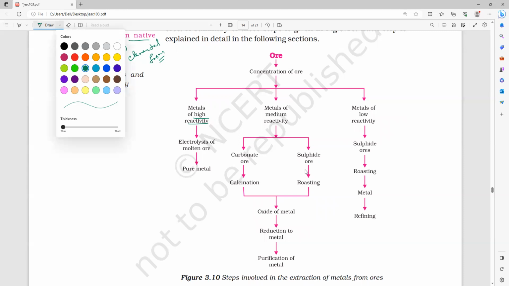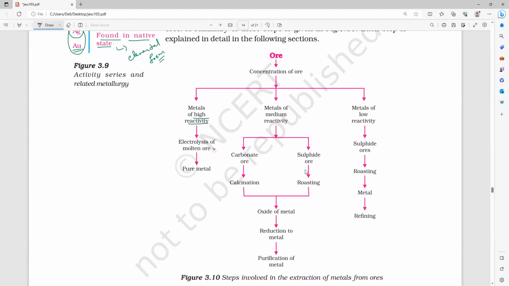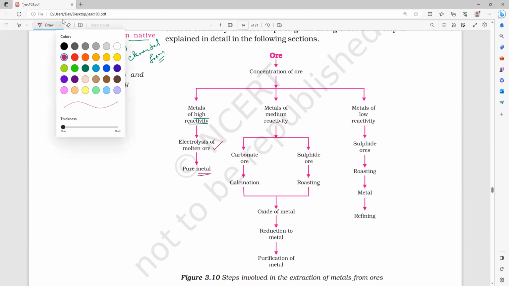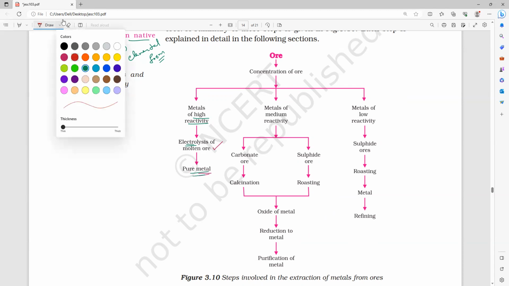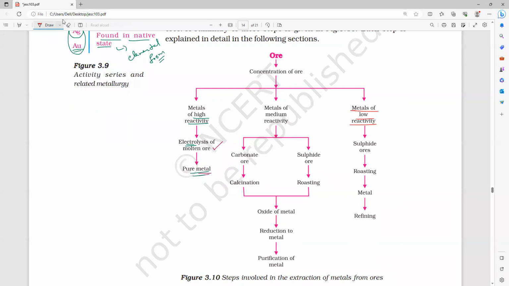What is the process? We just go with electrolysis of the ore, and directly we will get the pure metal. Please remember that for highly reactive metals, the simple process is electrolysis, directly obtaining the pure metal. Am I right or wrong?